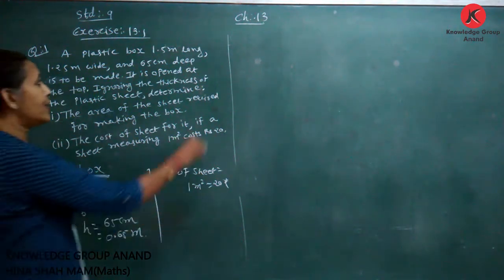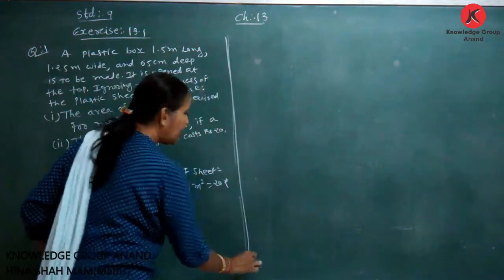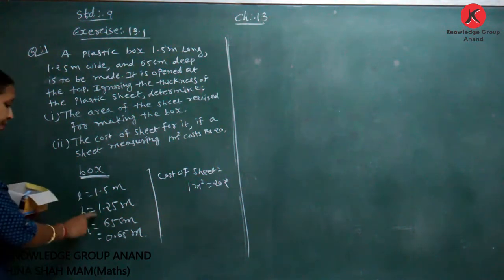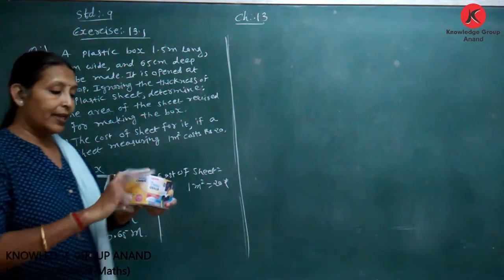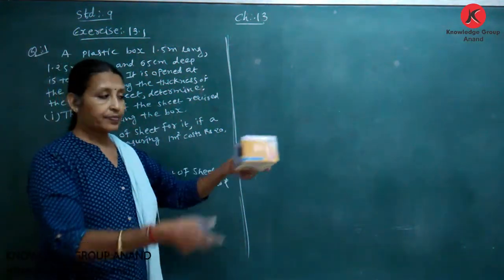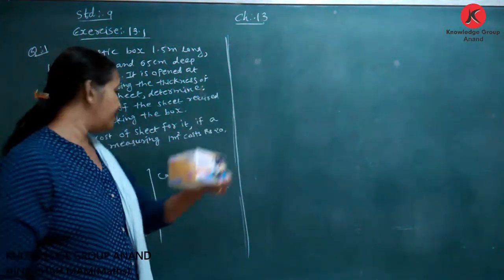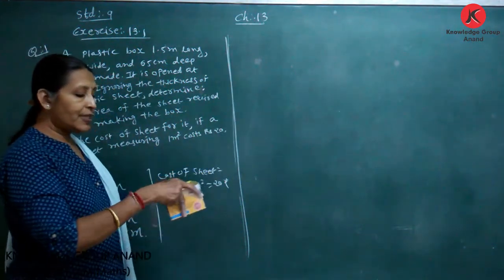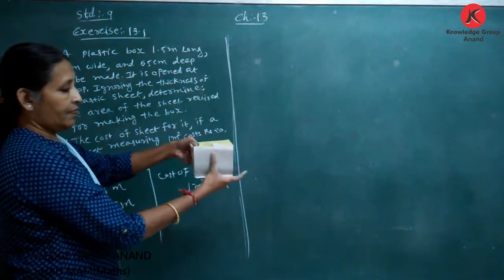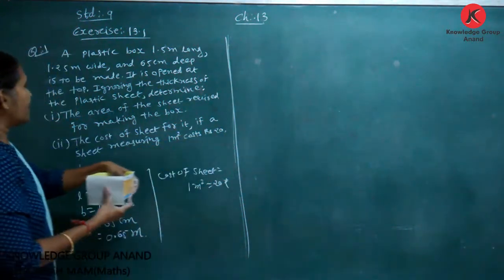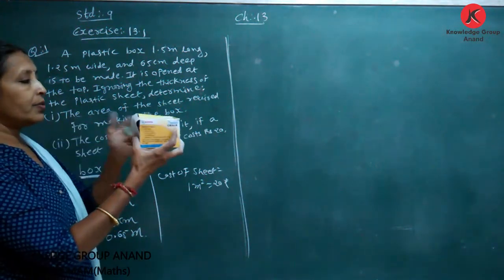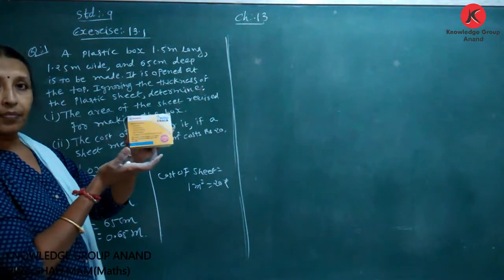Fine. First, the area of the sheet required. Suppose it is a cuboid. Its length, breadth and height are given. Therefore, we know that it is a cuboidal shape. Now, the cuboidal shape is open at the top. Then determine how many sheets are required here: 1, 2, 3, 4 sides and the bottom.